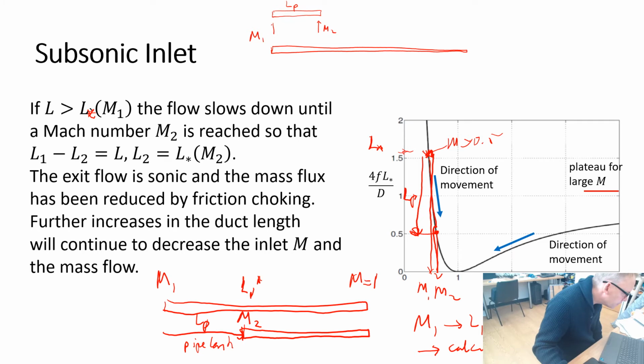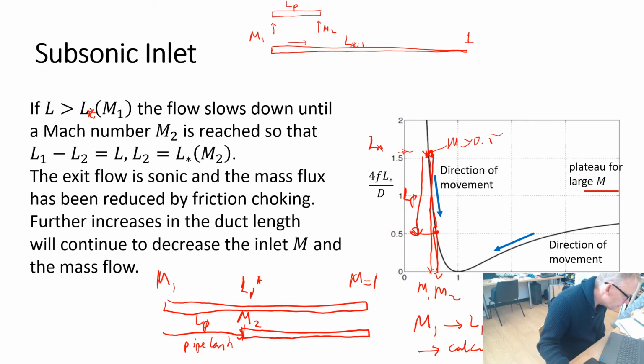We don't know. So what we do is we calculate our critical flow state, the distance it takes for the flow to become unity. So we're given this, and we calculate it.